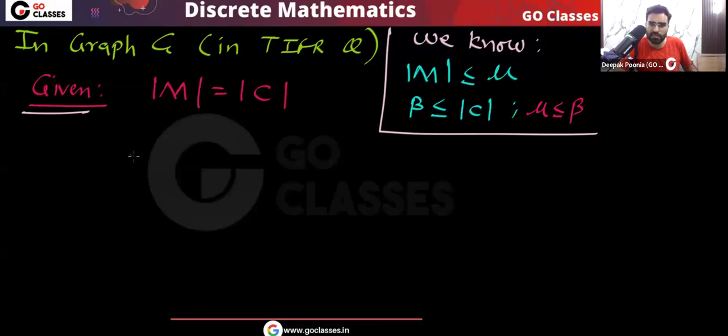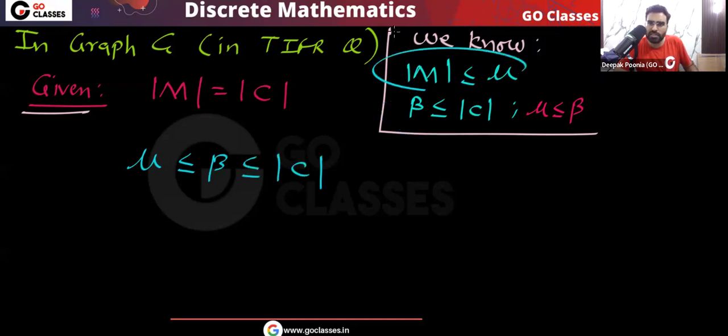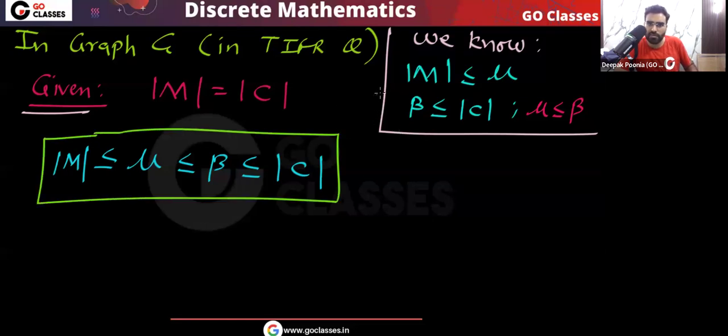Notice one thing: mu is less than equal to beta, beta is less than equal to the size of C, and mu is greater than equal to the size of M. Do you agree? From this information, this single chain I can create.